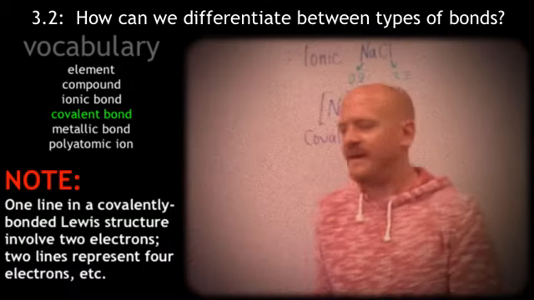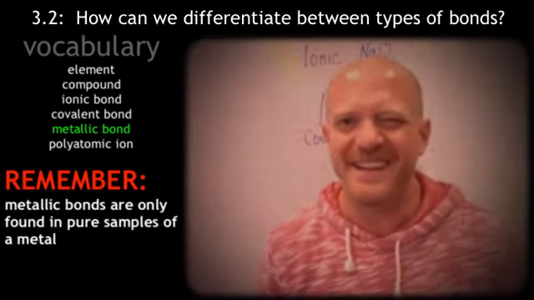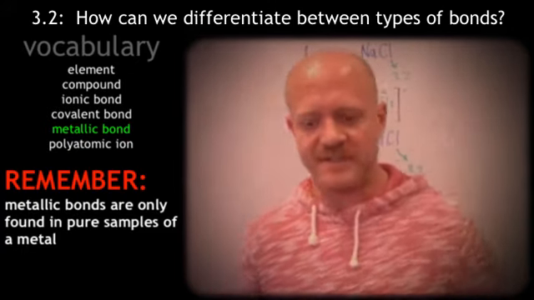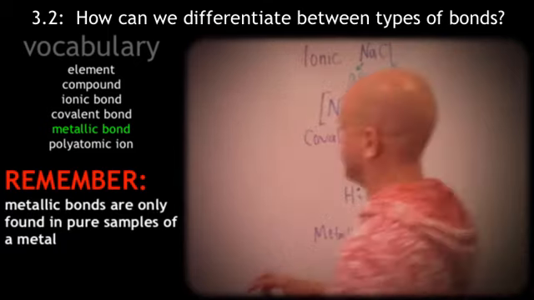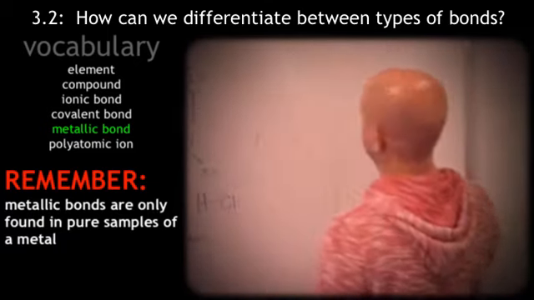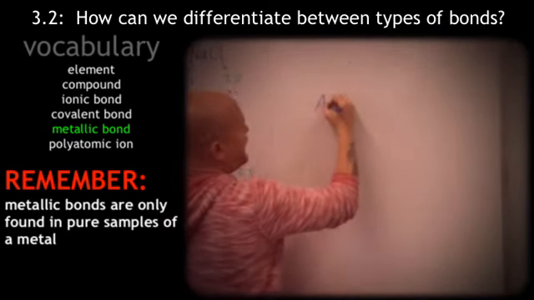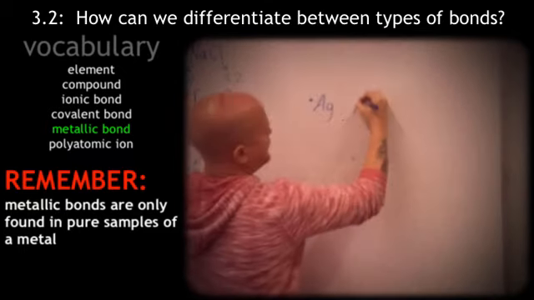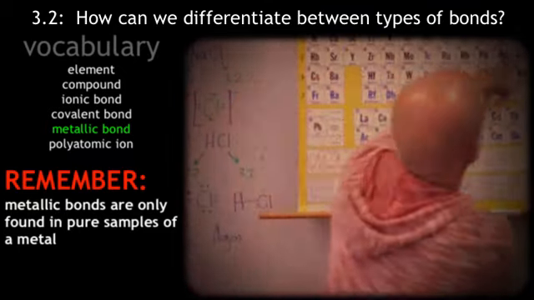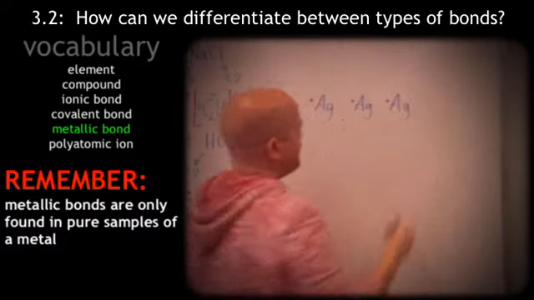And finally, metallic bonds are bonds in a pure sample of a metal. The only thing you need to pay attention to with metallic bonds is this. When we have, for example, a sample of pure silver, we have Ag with 1 valence electron, another Ag with 1 valence electron, and another Ag with 1 valence electron.